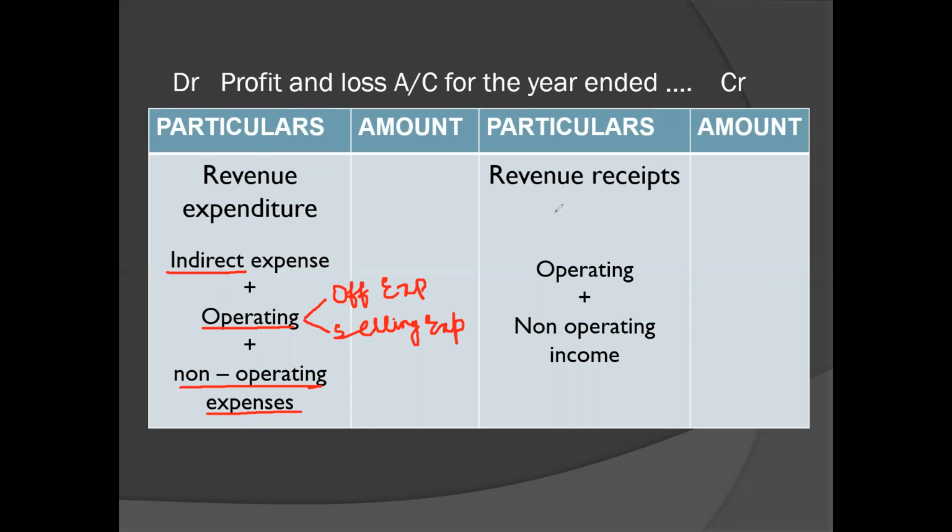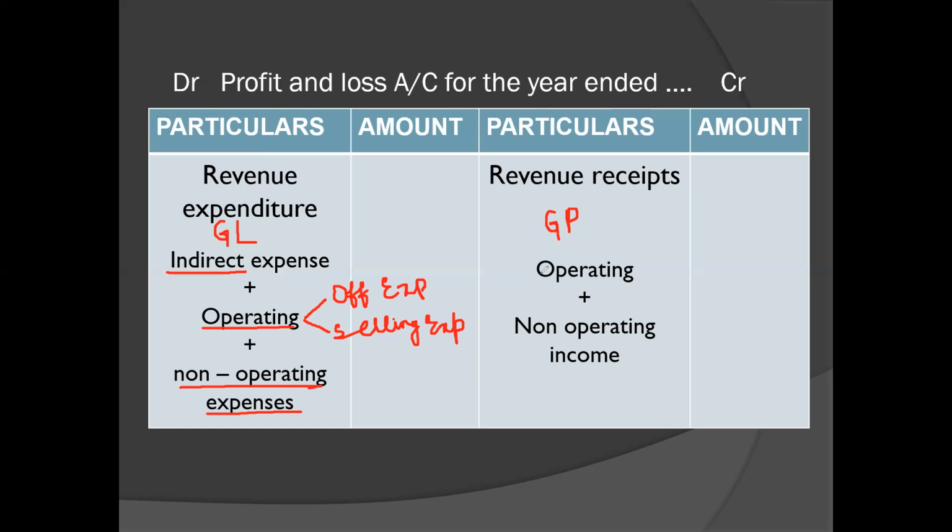and on credit side of profit and loss account we transfer gross profit from the trading account, and if there is a gross loss it is shown on the debit side of profit and loss account, and gross profit is shown on the credit side of profit and loss account.